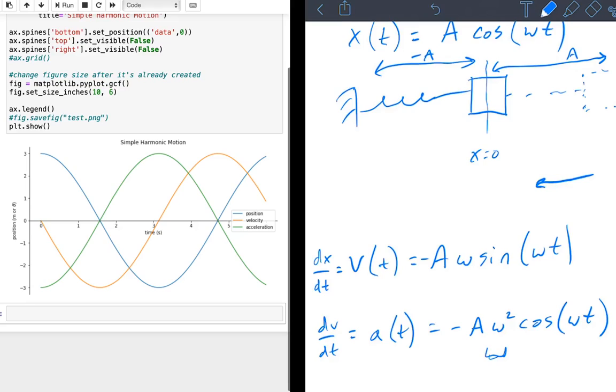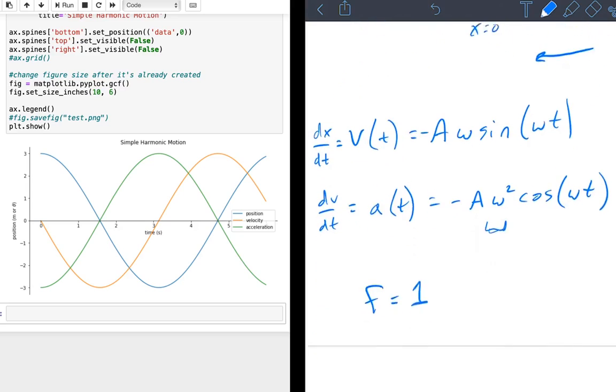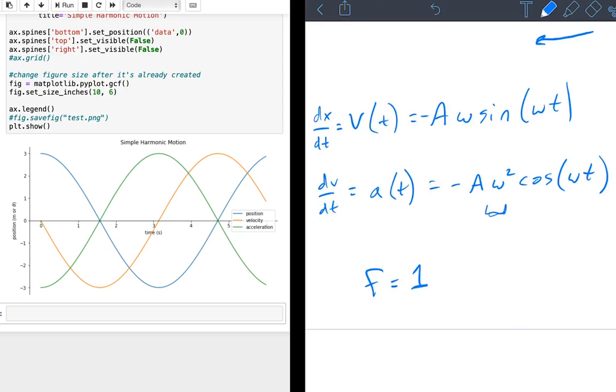The period is not going to change. The frequency is not going to change on any of these graphs. They're just shifted over a little bit. And the amplitude would change if omega did change as well, if omega wasn't 1. So keep that in mind. So on all the graphs, frequency, omega, or period is going to be the same.